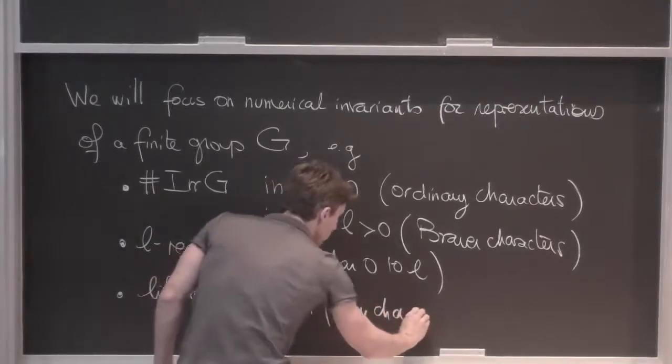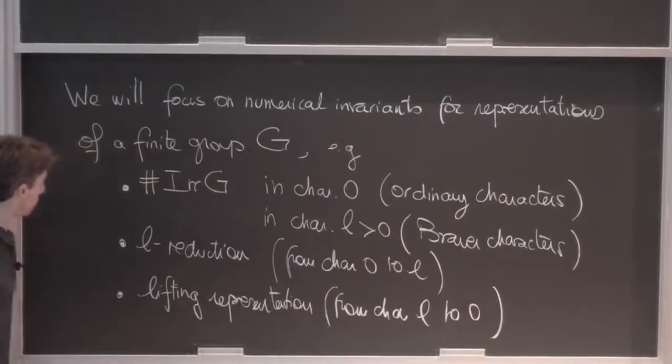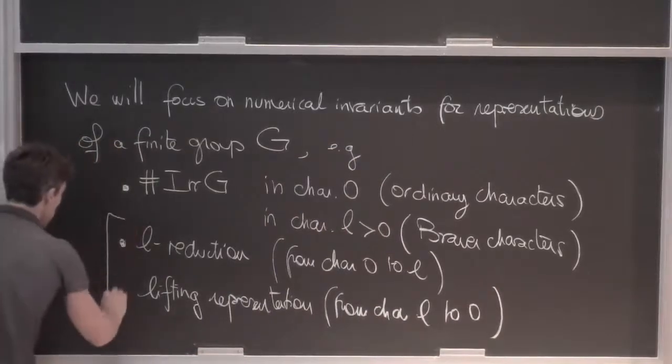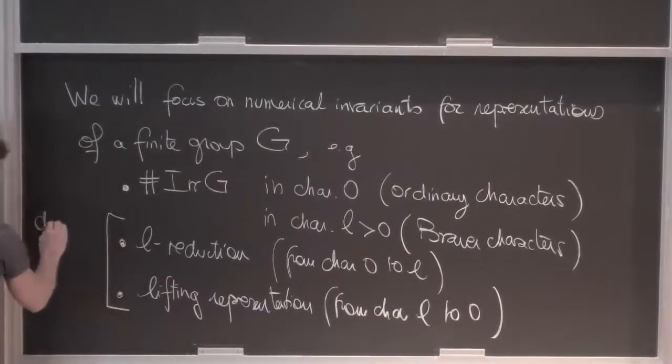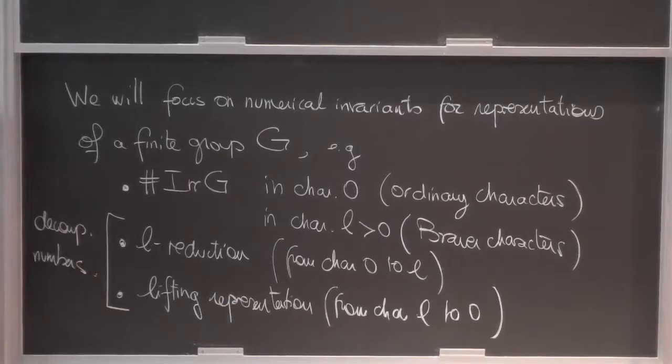So now it's from the positive characteristic to the characteristic 0. Okay, and this will be encoded in the decomposition numbers or decomposition map that Radha mentioned yesterday.